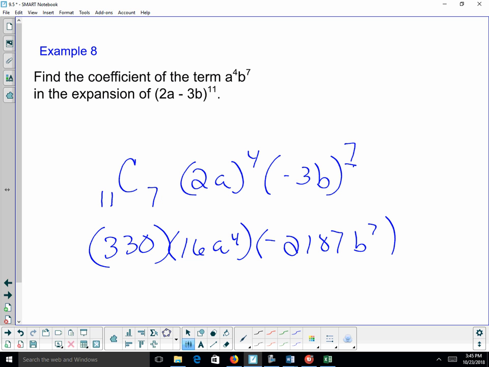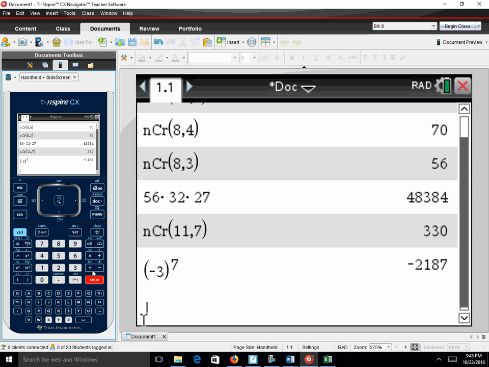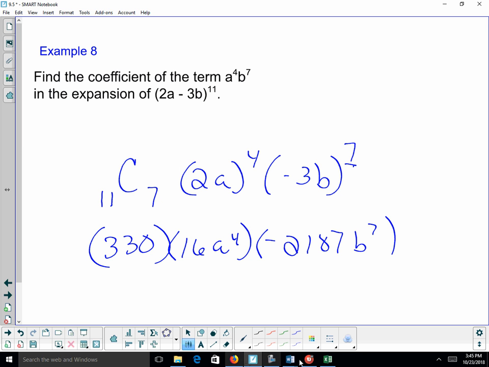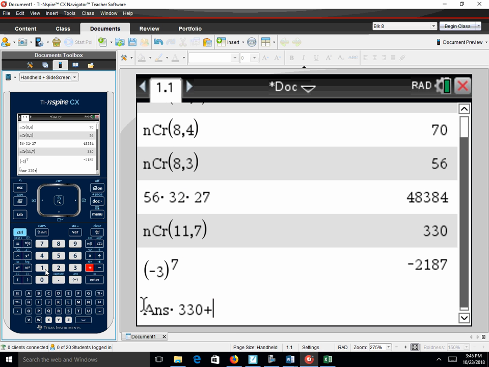Now to find my coefficient, I'm going to have to multiply the 2,187 times the 330 times the 16, I believe. Yes, 16.